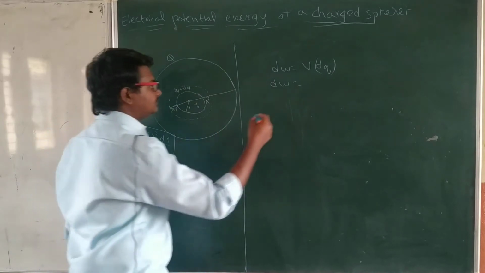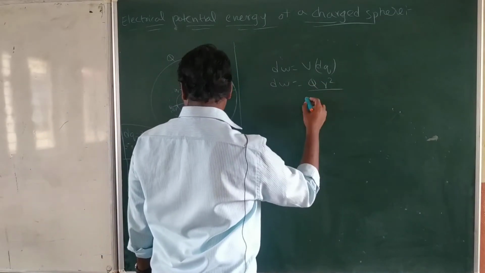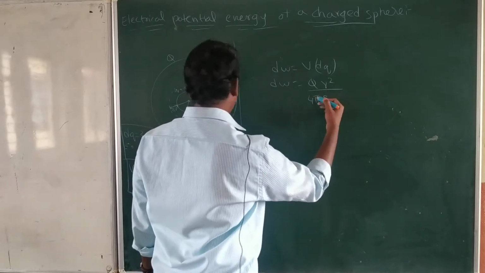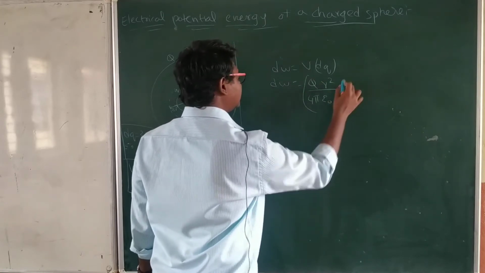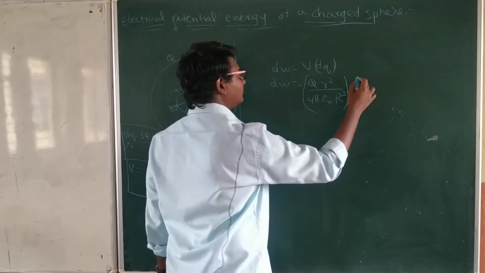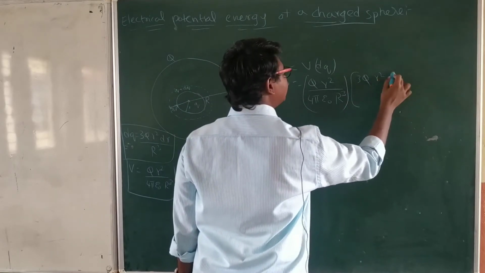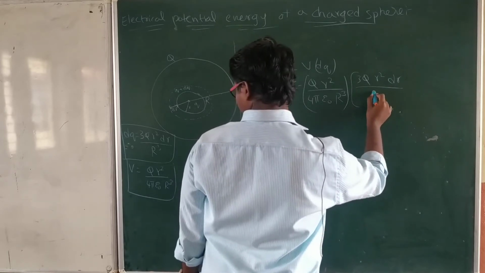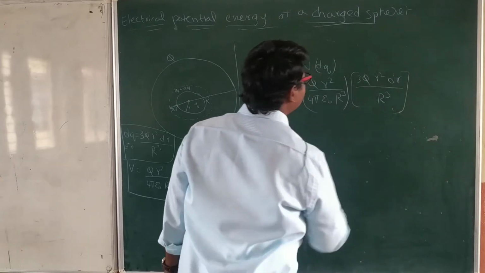Let's substitute them. That is Q r² by 4πε₀ R³ into the dq value, that is 3Q r² dr divided by R³.